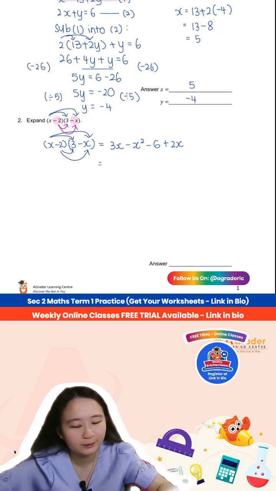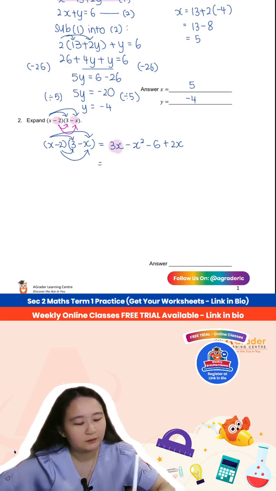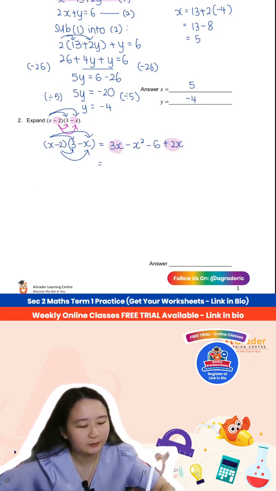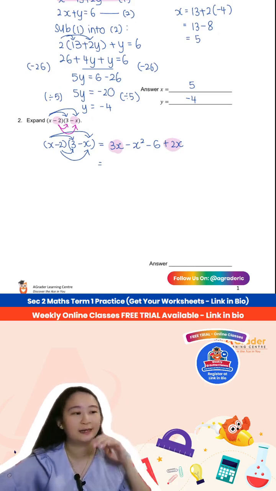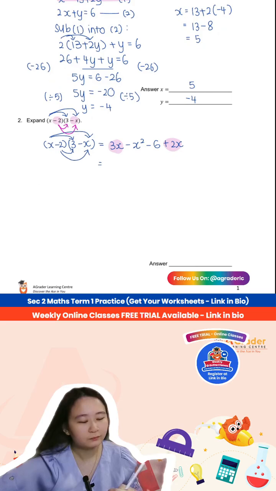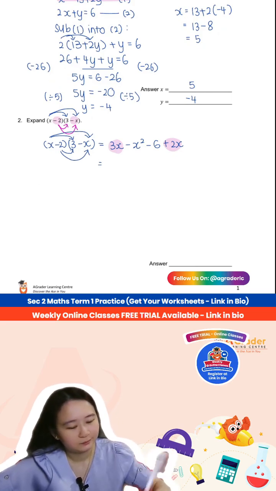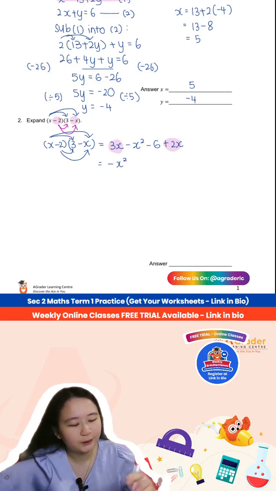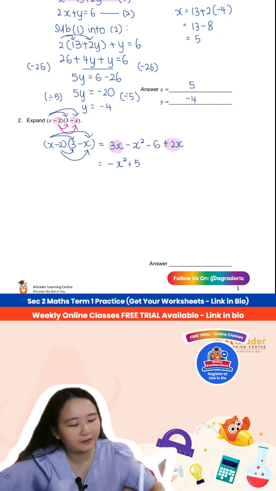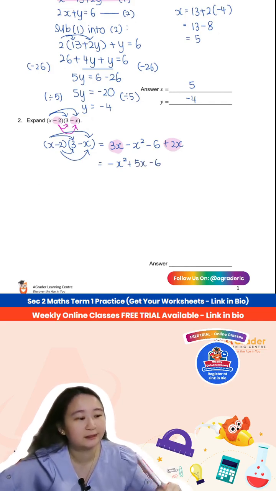Then we simplify the like terms. We can see that our 3x and 2x are in terms of x. So 3x plus 2x, a positive 5x, and then minus 6.